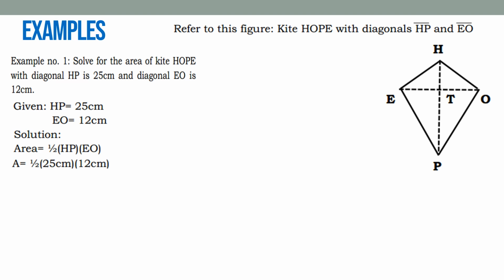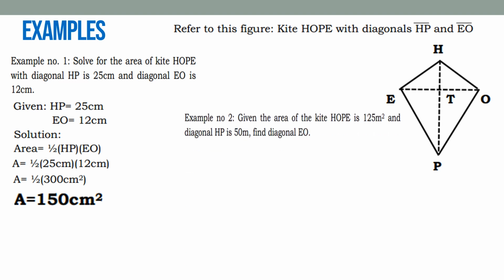Area A is equal to 1/2 times 25 times 12. 25 times 12 is equal to 300 square centimeters. Divided by 2, area is equal to 150 square centimeters. That will be the area of the kite HOPE.